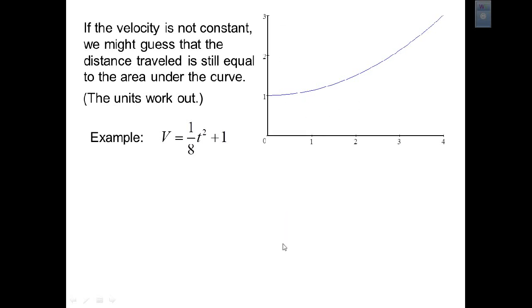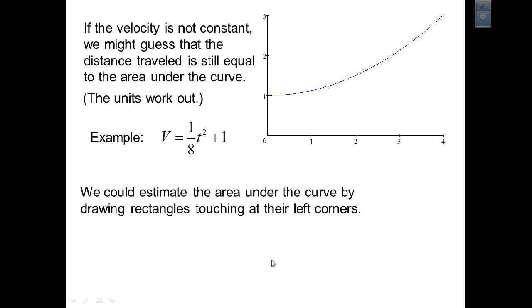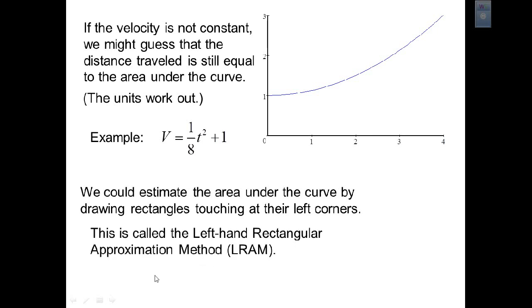If we used rectangles touching the function at their left corners, that's called an LRAM, a left-hand rectangular approximation method. So all we're doing here, and we're going to do this with 4 subintervals.